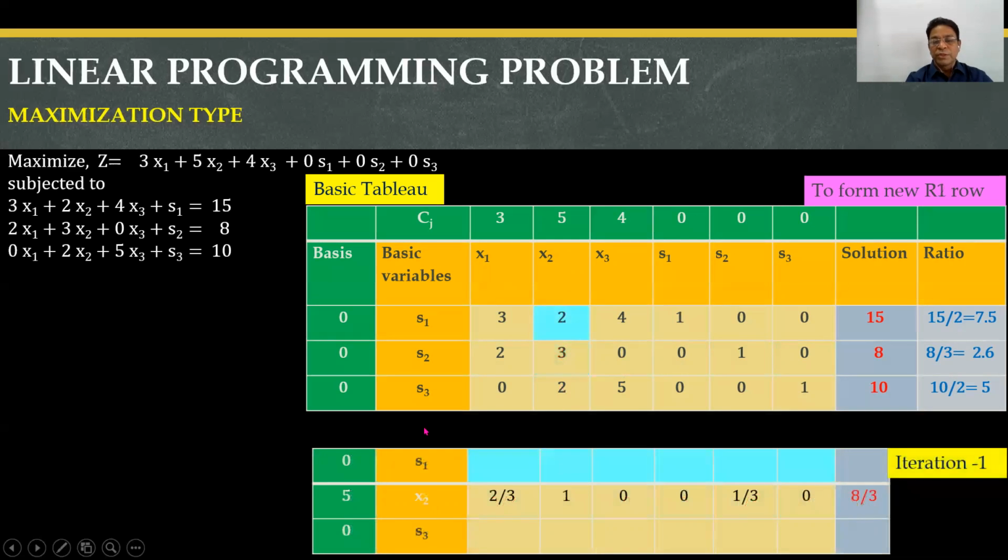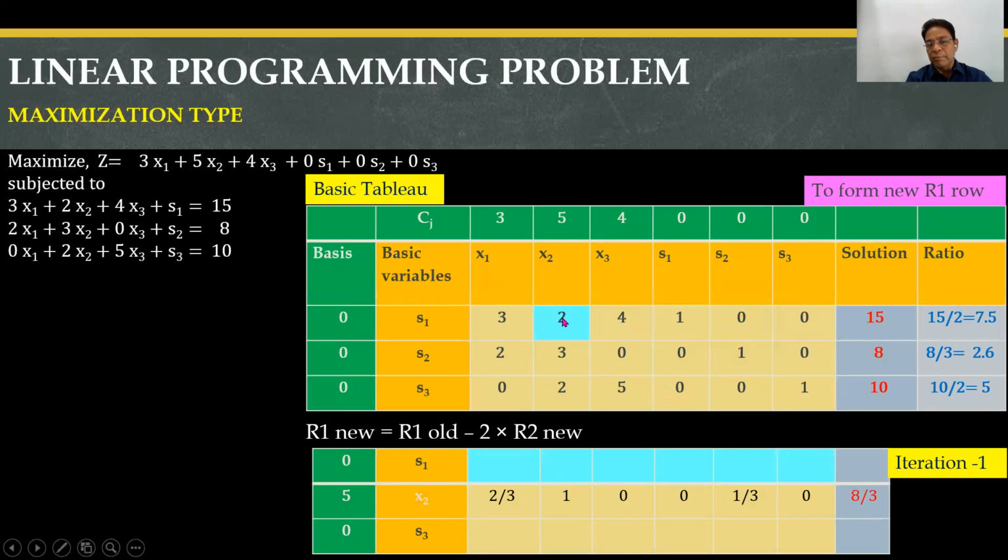Okay. So now we'll make this first row key column entry as 0. In order to make this 0, there is a specific step that we have to follow, and that comes like this. In order to make this 0, we have to use this 1. So how will we make this 2 as 0?